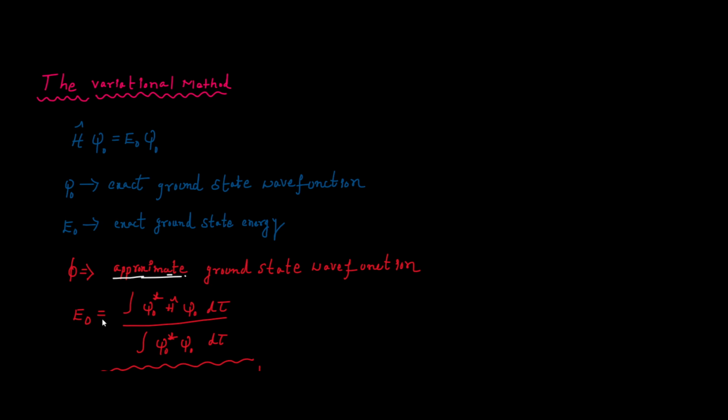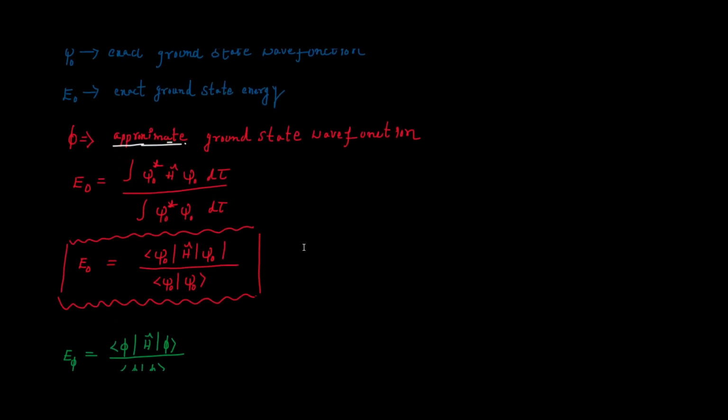So the expectation value of energy can be written according to the postulates of quantum mechanics like this. If you want to write it in Dirac notation, you can use this type of notation.